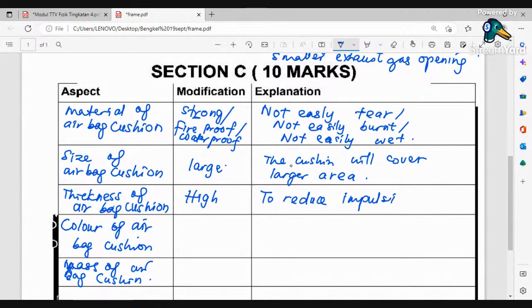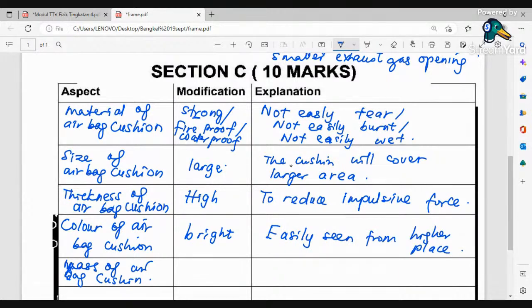Soalan ni mula asal dah bincang impulsive force, maksudnya sini mesti ada impulsive force. Okay. Color of airbag cushion must be bright ataupun warna apa yang clear, bright lah. Okay. Because easily seen from nampak.